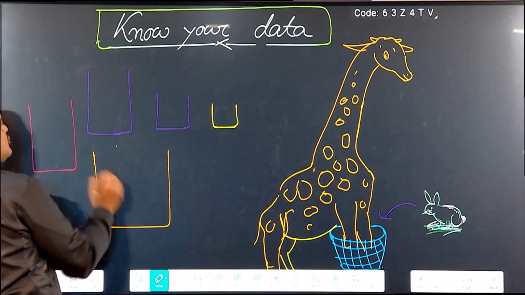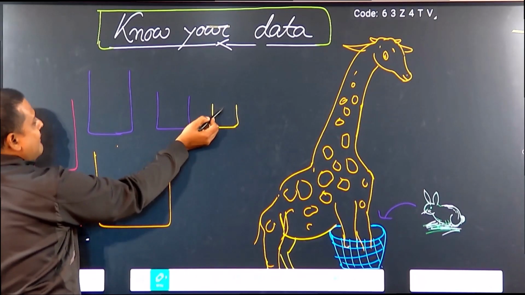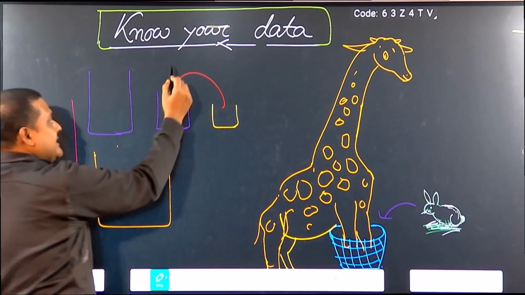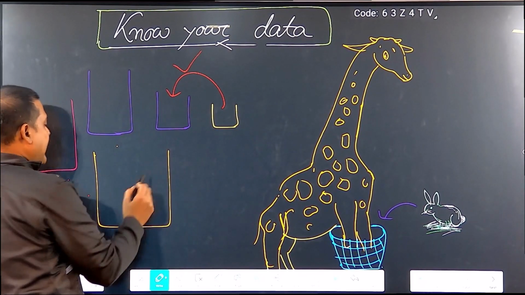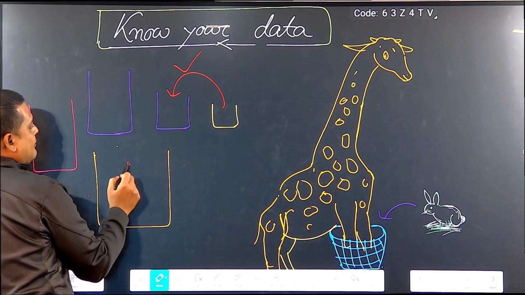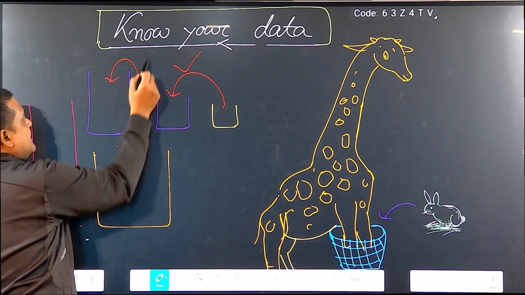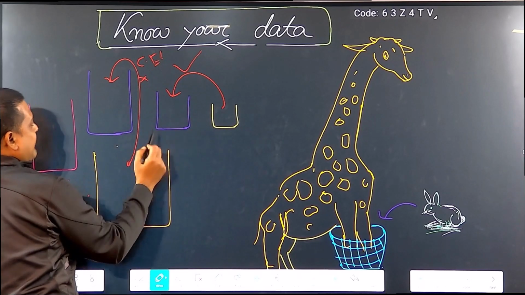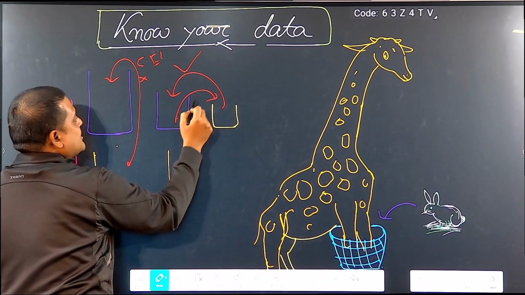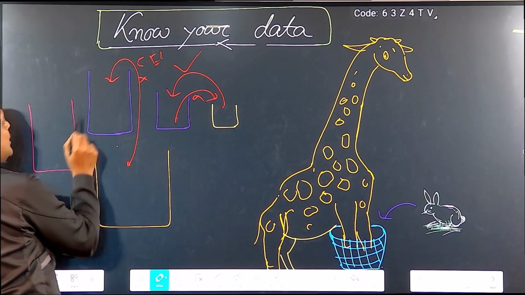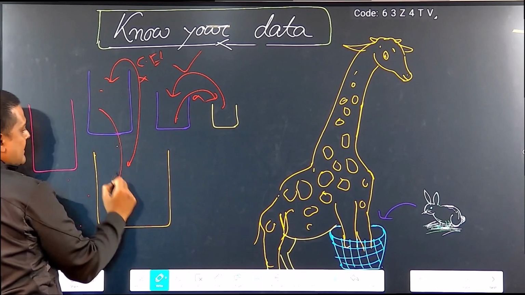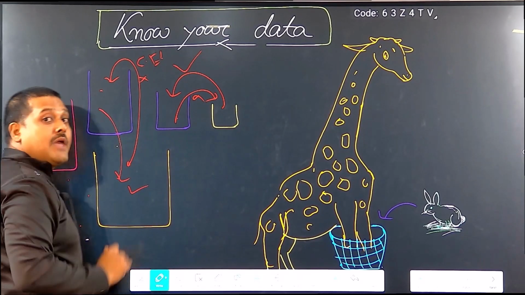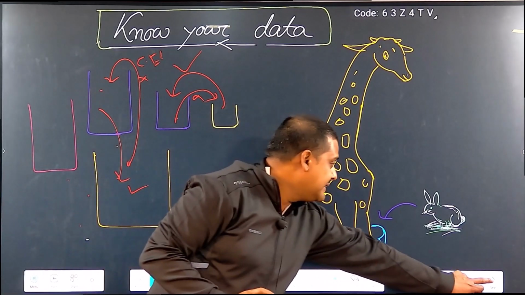If I try to store the lower value in the higher size, it is okay. But if I try to store the higher value inside the lower, it will raise a compilation error. We have to remember this scenario.